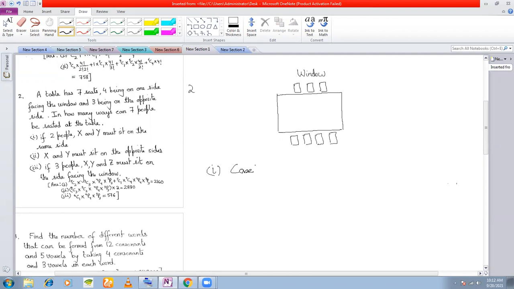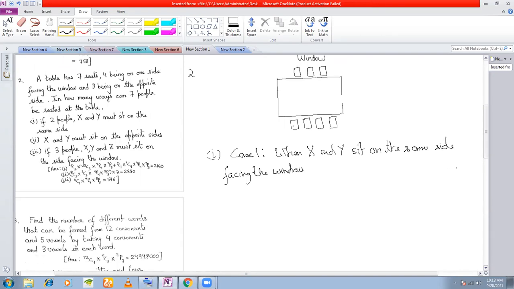Case 1. When X and Y sit on the same side, facing the window.